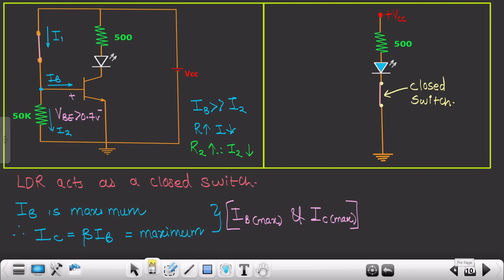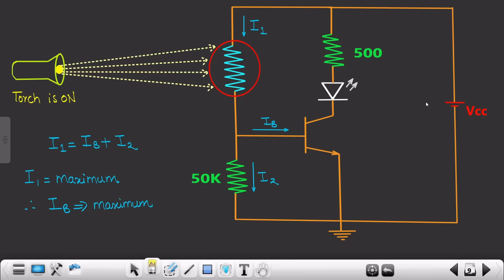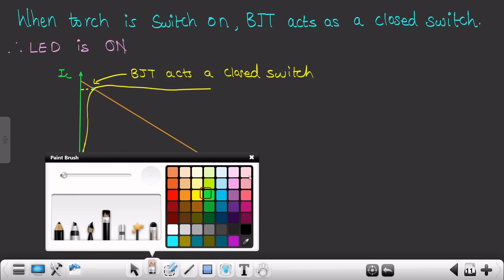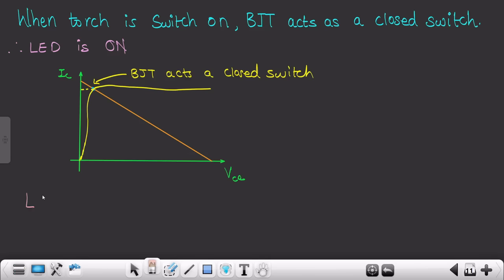And talking about this particular VCC, we all know the LED, that means the light emitting diode, can bear voltages between 1.8 volts to 5 volts.